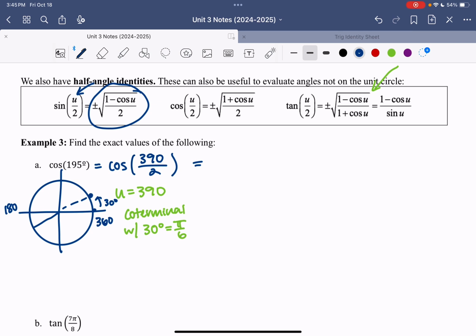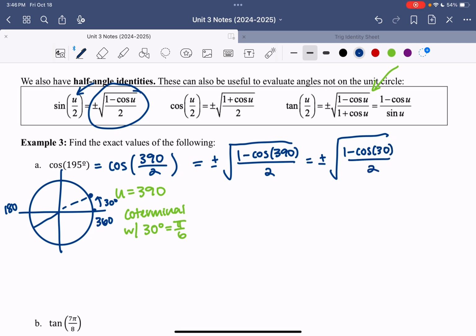So this is going to be equal to plus or minus the square root of 1 minus cosine of 390 over 2. Okay, now we said that 390 was coterminal with 30, so this is equal to plus or minus the square root of 1 minus cosine of 30 over 2.